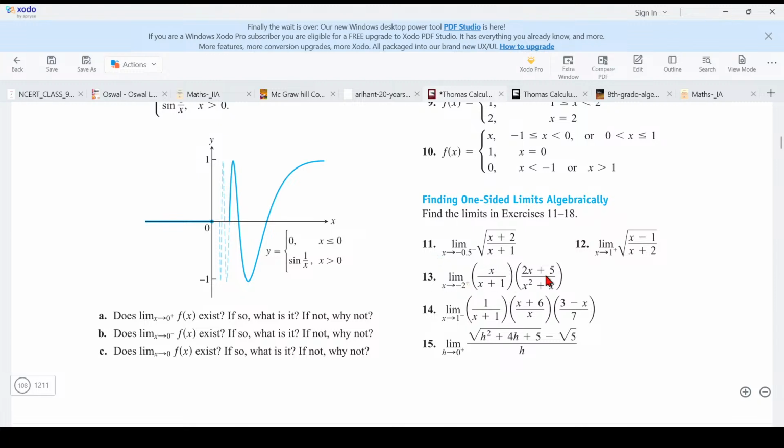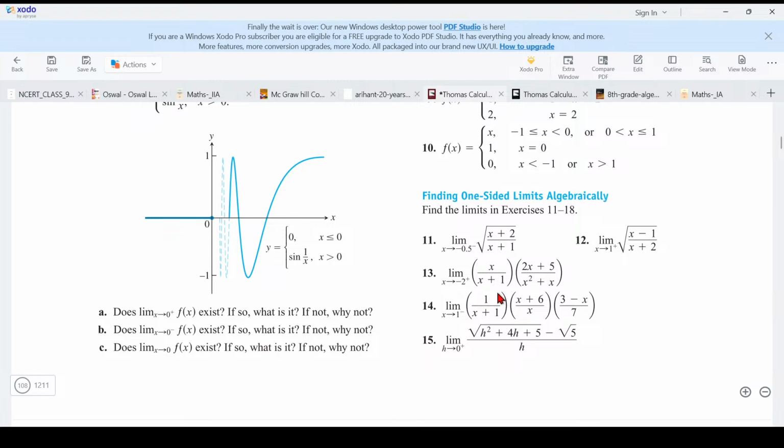No problem. 1 minus, can you directly substitute? Yes, you can directly substitute. Don't get confused: 1 minus is not equal to minus 1. 1 minus means a value slightly less than 1. It is not minus 1.